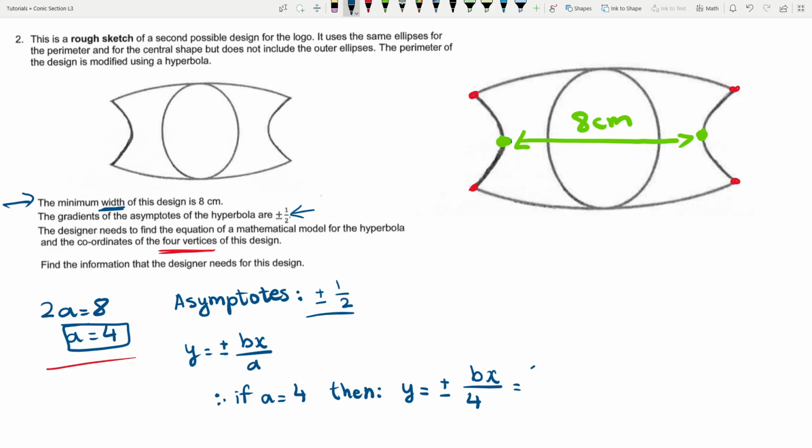So b should be 2, because we know the asymptote, because we know that a is twice b. So that's why we know this is the asymptote. So now we know the b value. So we know that a equals plus or minus 4 and b equals plus or minus 2.